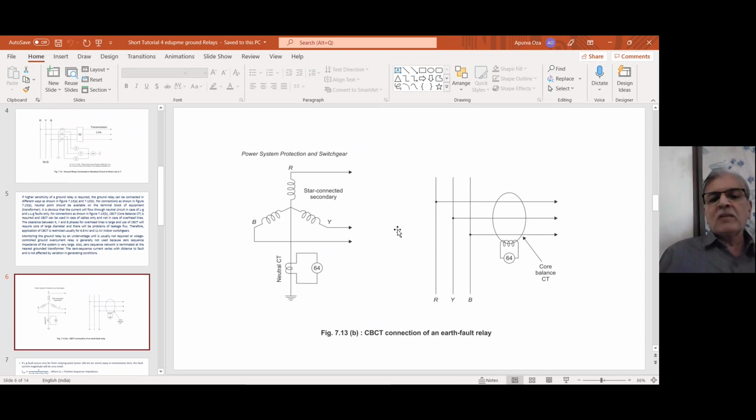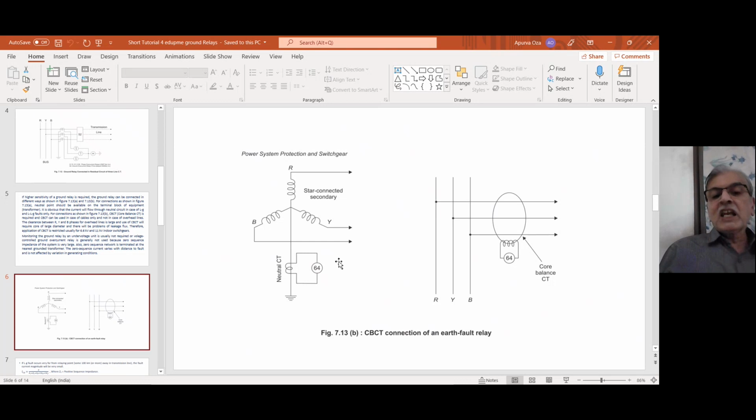So you can connect between neutral and ground a CT which is known as neutral CT, and as shown, across the secondary of the neutral CT, you can connect the ground relay, which you can see will sense only ground faults. Because if triple line fault occurs, current is not going to pass through neutral. If double line fault occurs, current is not going to pass through neutral. The current will pass only for an LG or double line to ground fault, and then only 64 will sense.